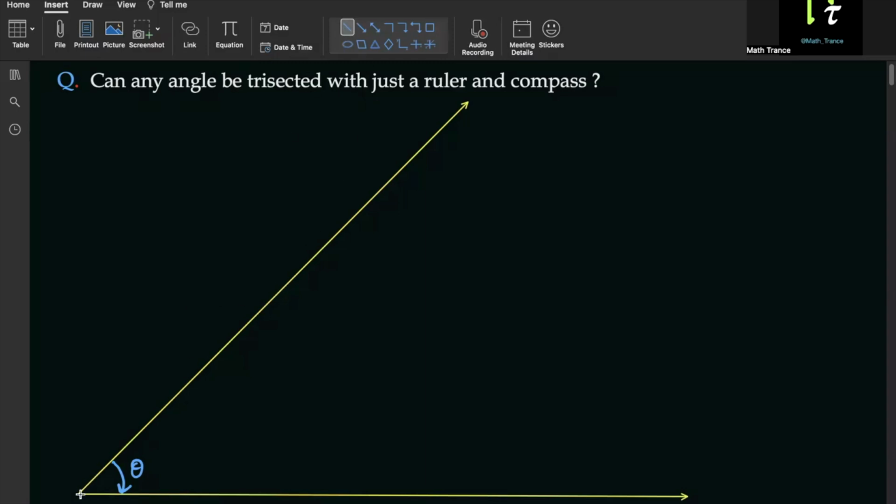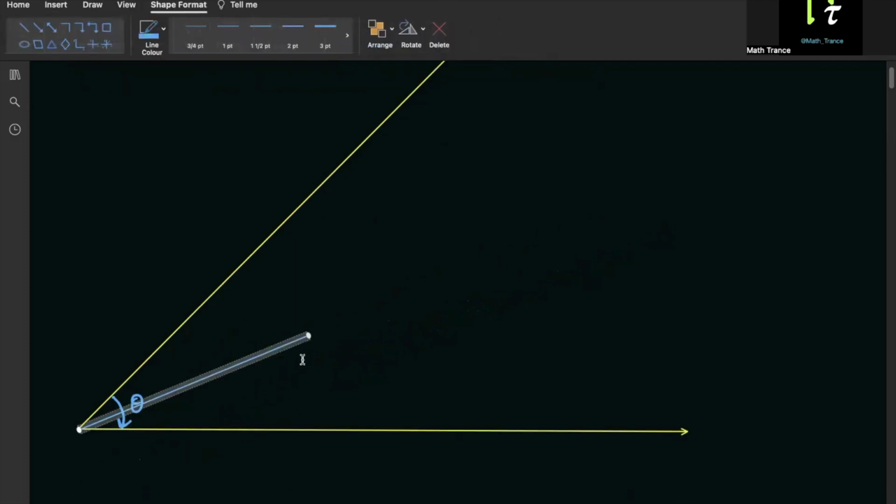So I'll explain you the process. This is the angle theta. What I'm doing is bisecting it. Okay, this is the first bisection. So this is theta, this is theta by 2.